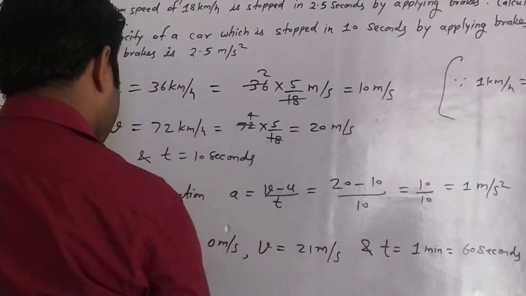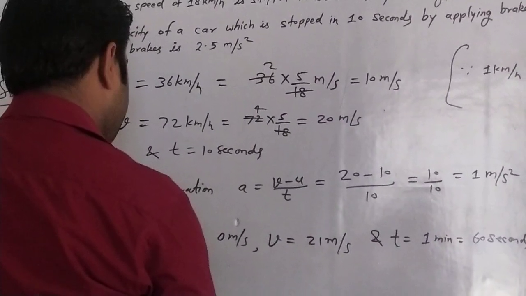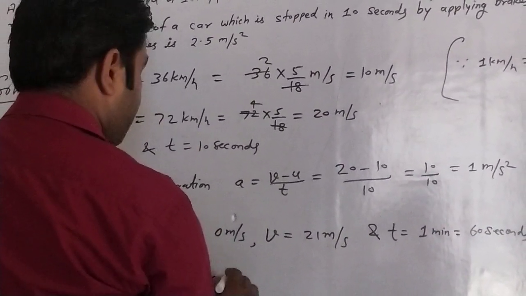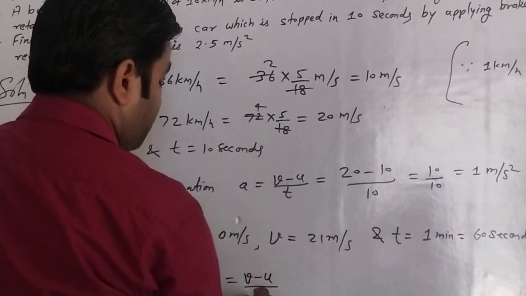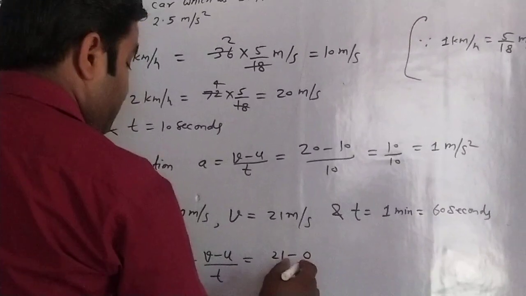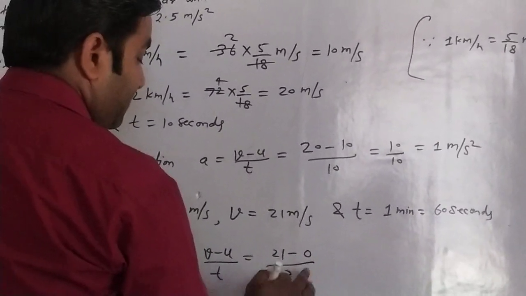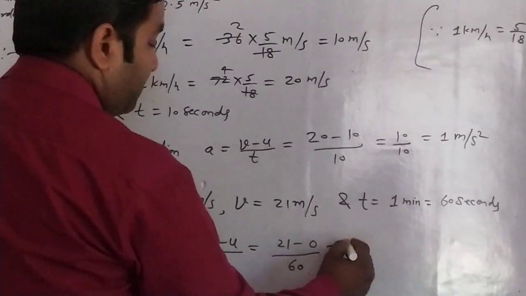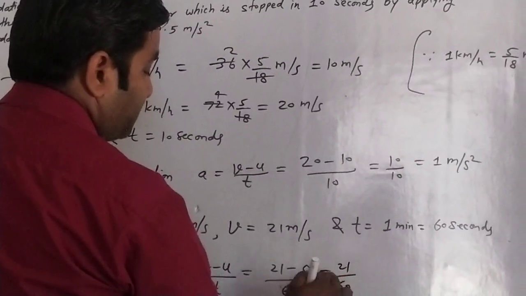Then acceleration a is equal to v minus u upon t. Value of v 21 and u 0 and time 60. So 21 upon 60.